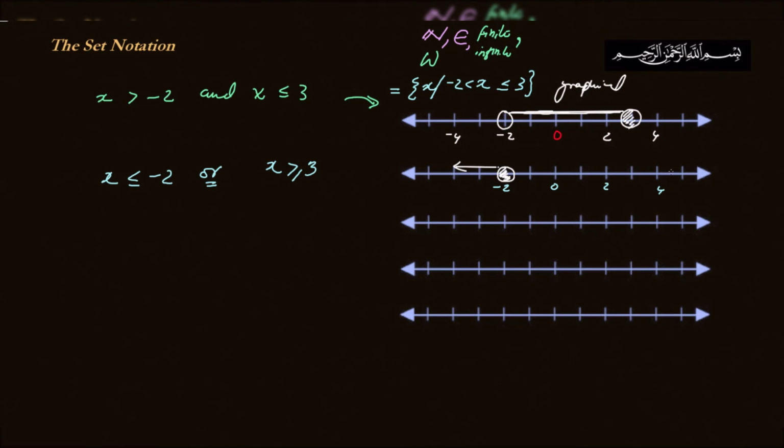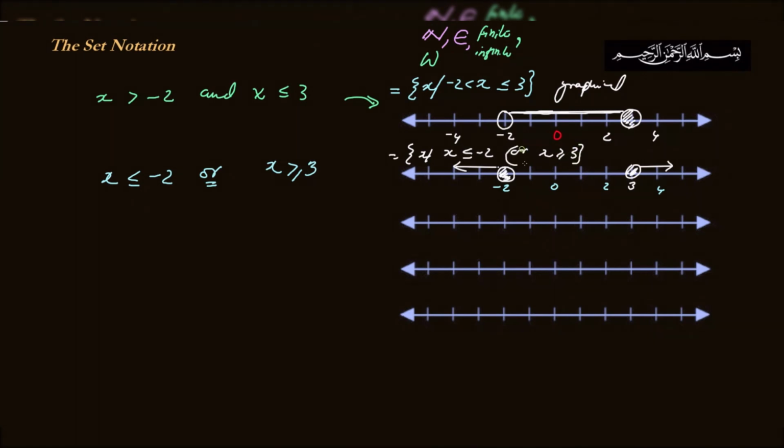And x is greater than or equal to 3 over here, like this. So you're describing the set of numbers like this. If you wanted to write this in set notation, you could do that too. You just write down the rules: x is less than or equal to -2, or x is greater than or equal to 3.